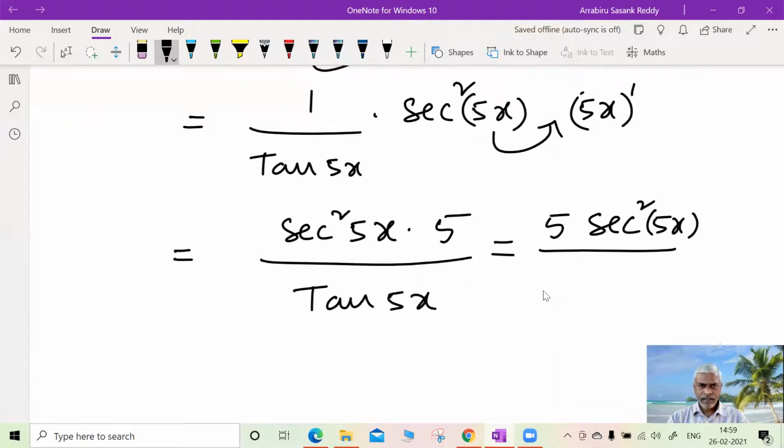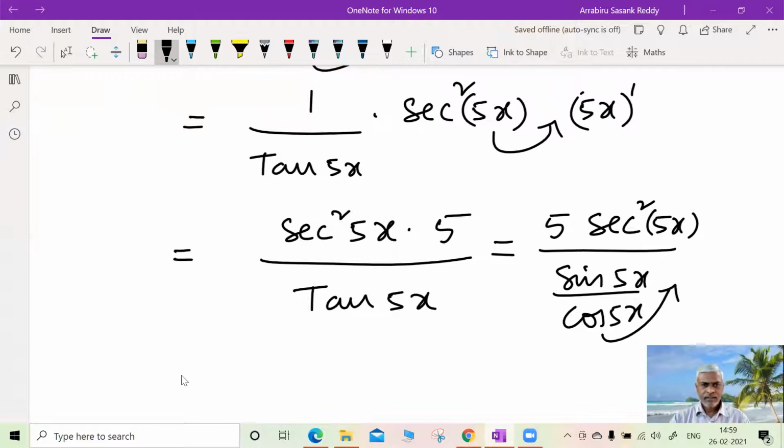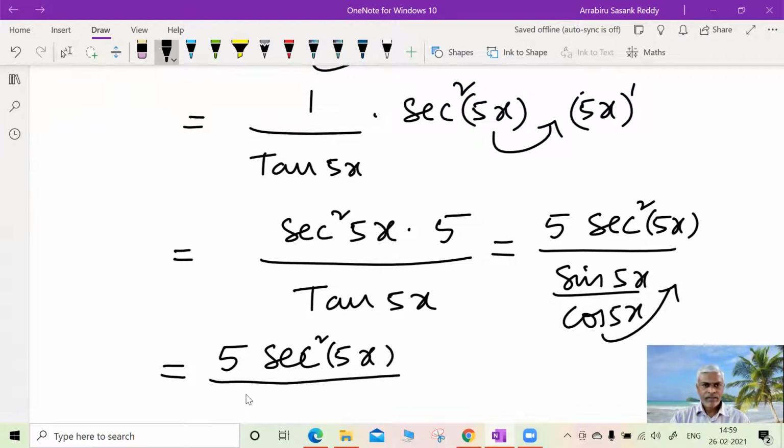Tan 5x is sin 5x by cos 5x, and 1 by cos can be written as sec 5x.